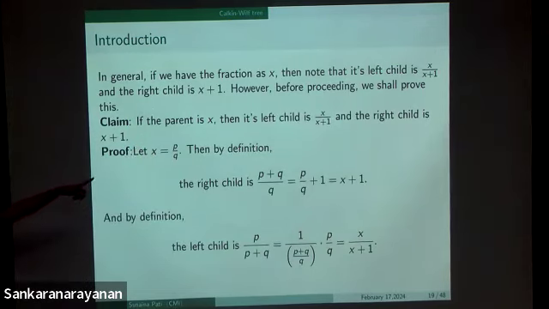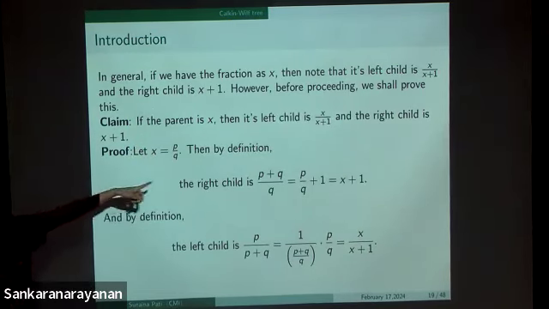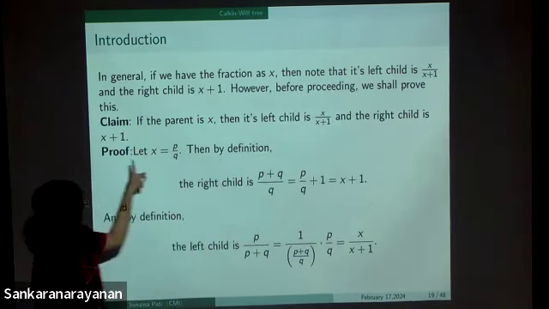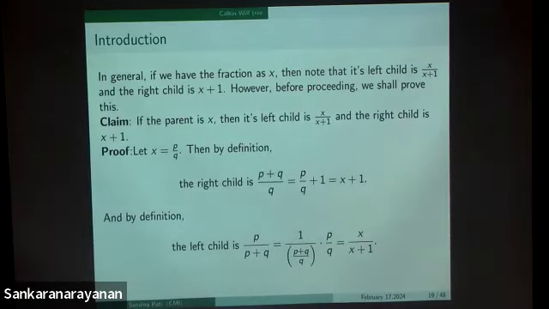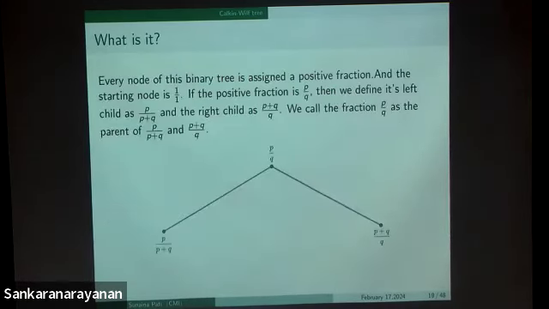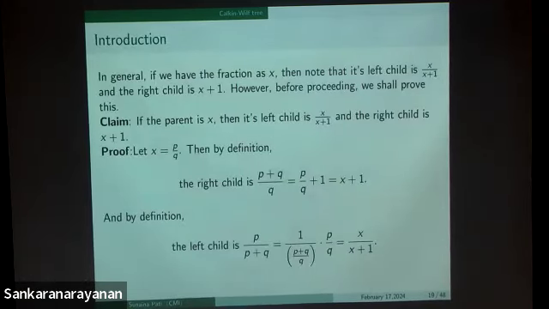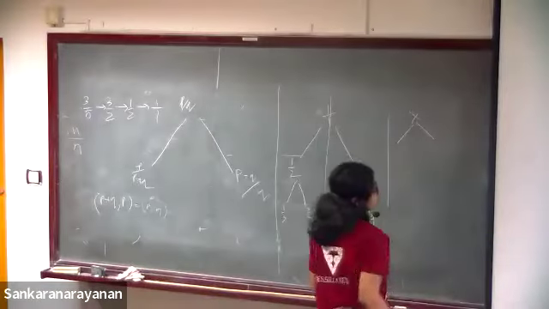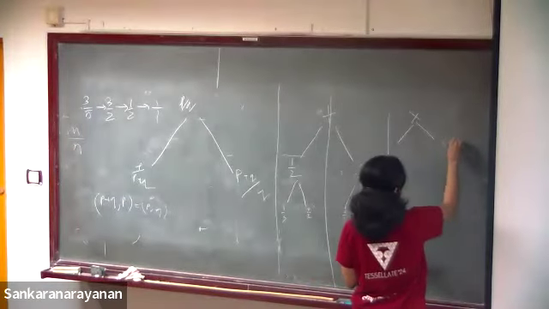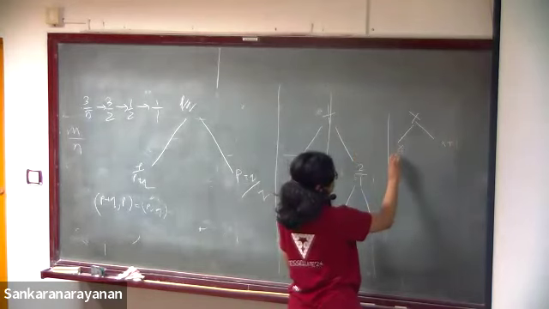So I have the parent x, then my left child would be x by x plus 1, and the right child would be x plus 1. I won't prove it. I'll let you guys be clear with the definition. The right child would be x plus 1, and the left child would be x by x plus 1.